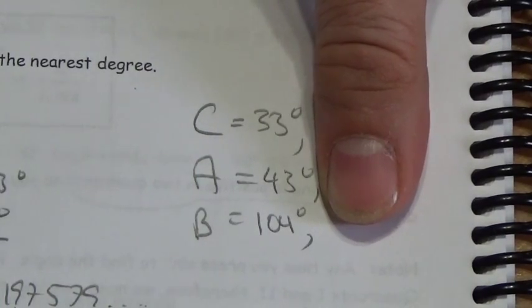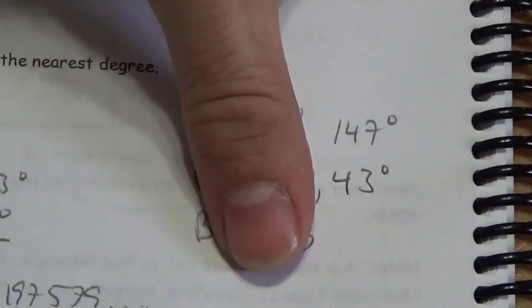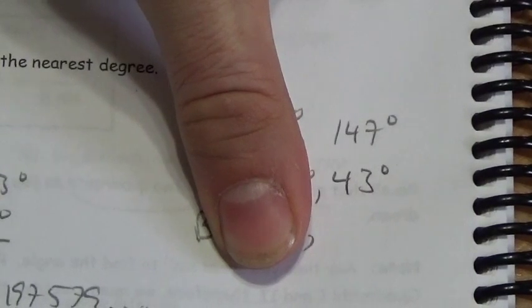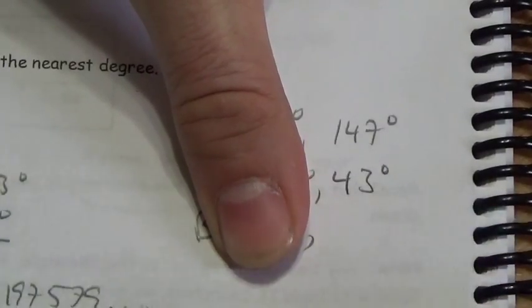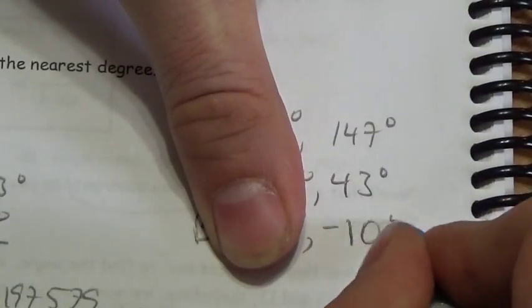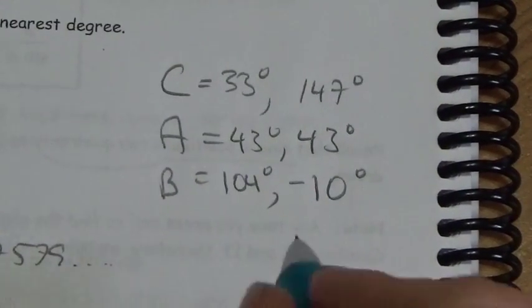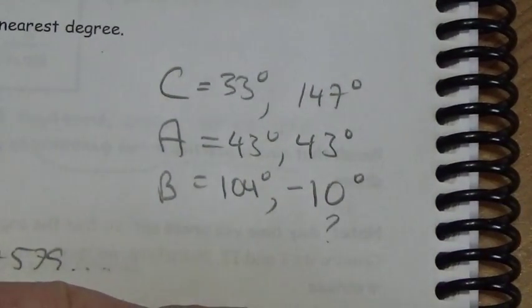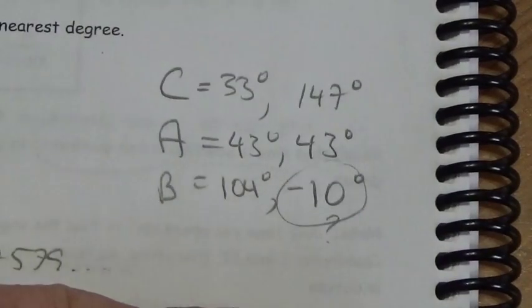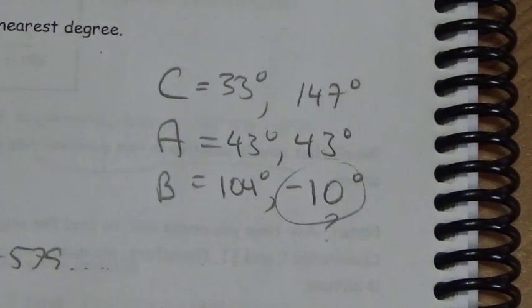That's fine. Okay, now, but what if it wasn't that? Let's take 147 and 43 and subtract them from 180. That leaves us an angle of negative 10 degrees for B. Say what? That doesn't make much sense. I can't have a triangle that's got a negative angle in it.